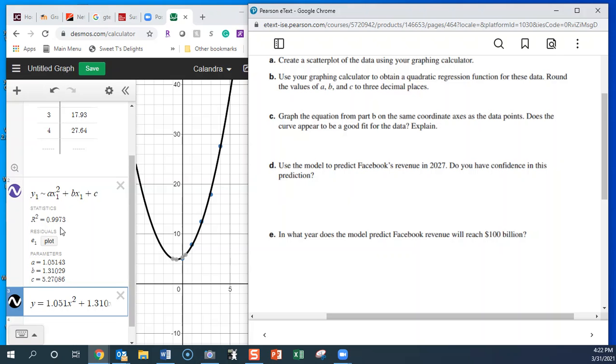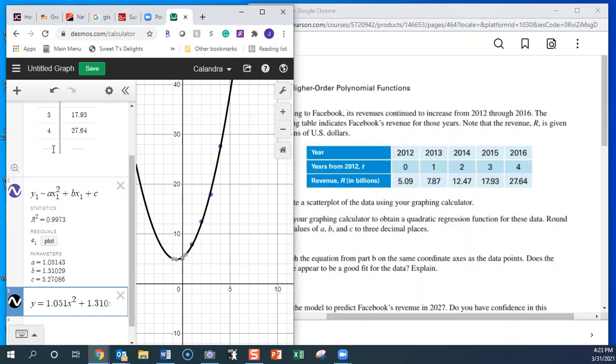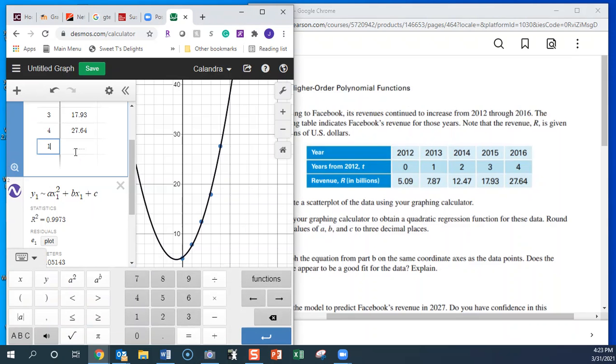All right, now it says D here. Use the model to predict Facebook's revenue in 2027. Do you have confidence in this prediction? Okay, so remember, when we did our graph here, it was since 2012. So 2027 would be 15 years later. So what we could do, we could type in 15 here. Oh, you know what?